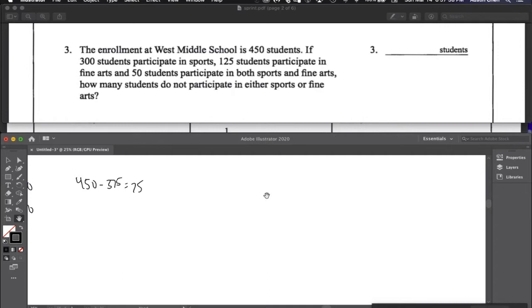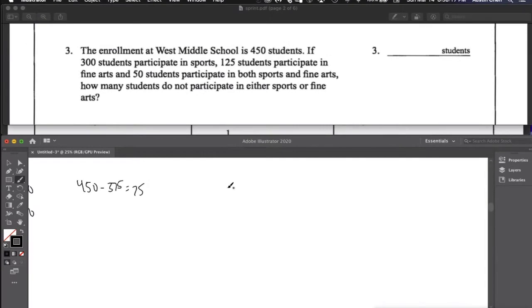The Venn diagram way is a little bit slower. So basically, if you can think of these problems in your head and the cases for it, then you can just do it that first way. But if you have a hard time doing that, or if you get questions wrong by doing that, then you could do the Venn diagram way. And let me show you what the Venn diagram way is.